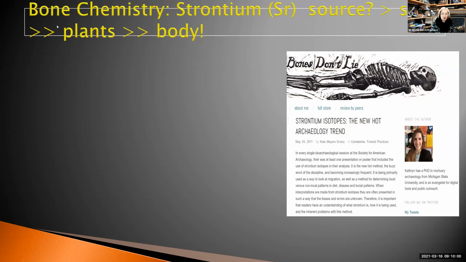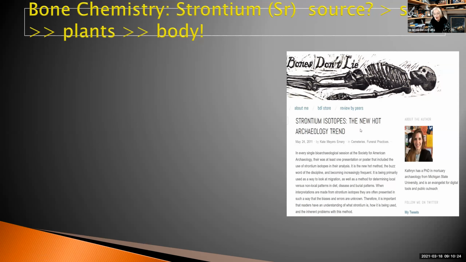How about strontium? Strontium's a big one now. It's one of the ones where you probably hear about it more frequently than almost any other type of analysis. So strontium starts in the soil, then it's sucked up by plants, then it gets into your body. So strontium isotopes.